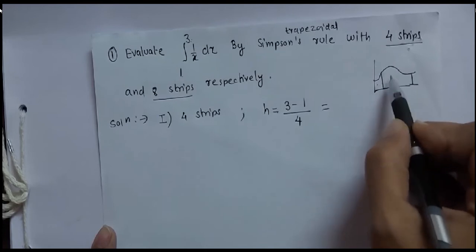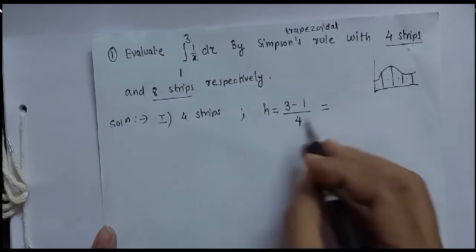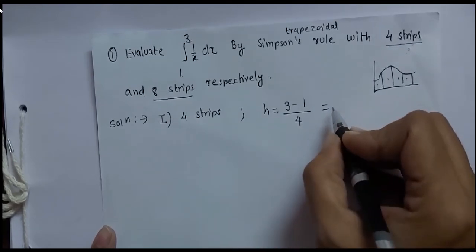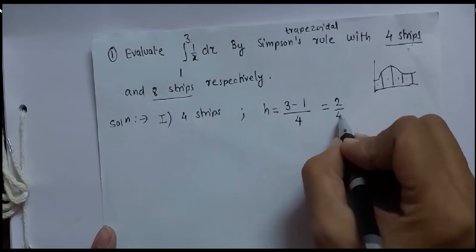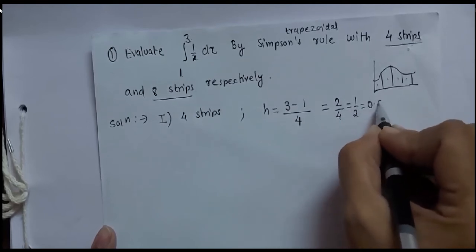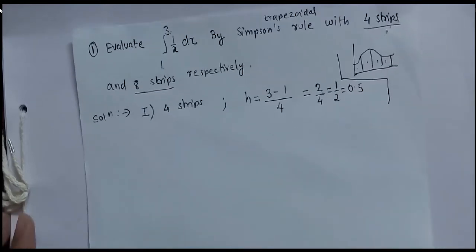So 3 minus 1 divided by 4 gives 2 by 4, which is equal to 1 by 2, which is 0.5. So the value of h is 0.5.